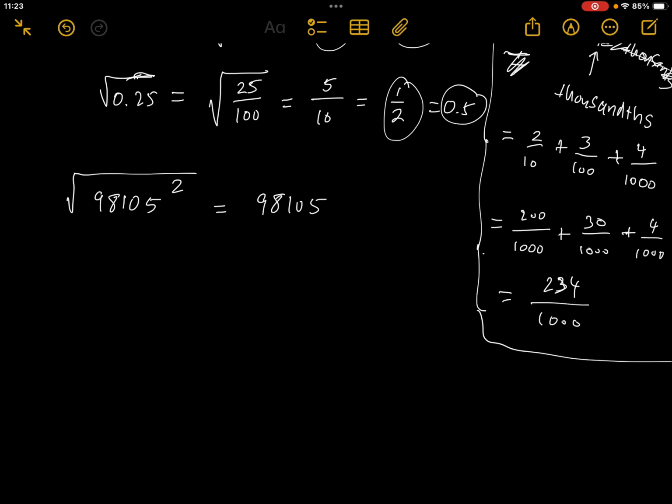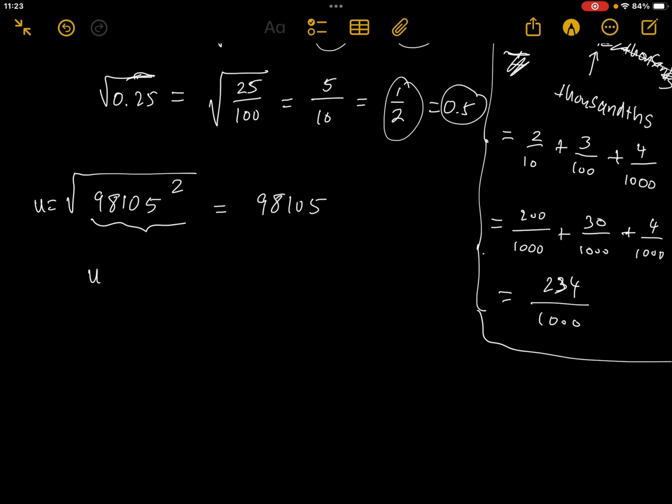This is one of those things where you kind of have to think about it. I'm trying to find the square root of 98105 squared. What does it mean to find the square root? I'm looking for the number whose square is the inside term. Let's say I call this number that I'm looking for u. So u is equal to the square root of 98105 squared.